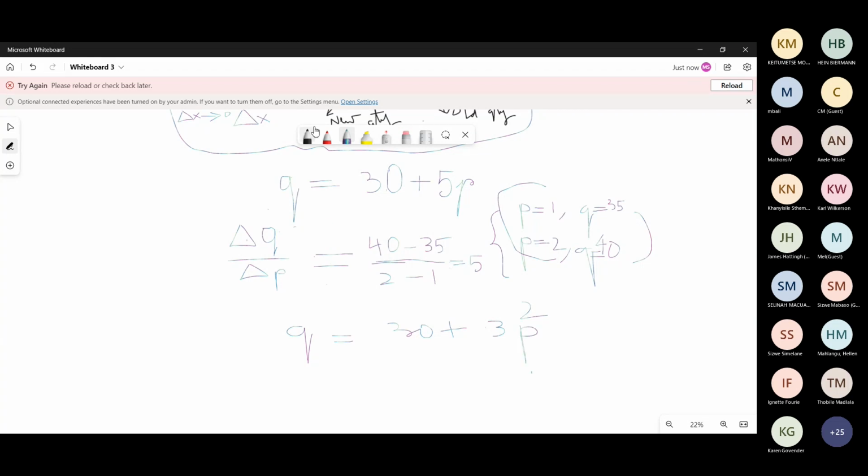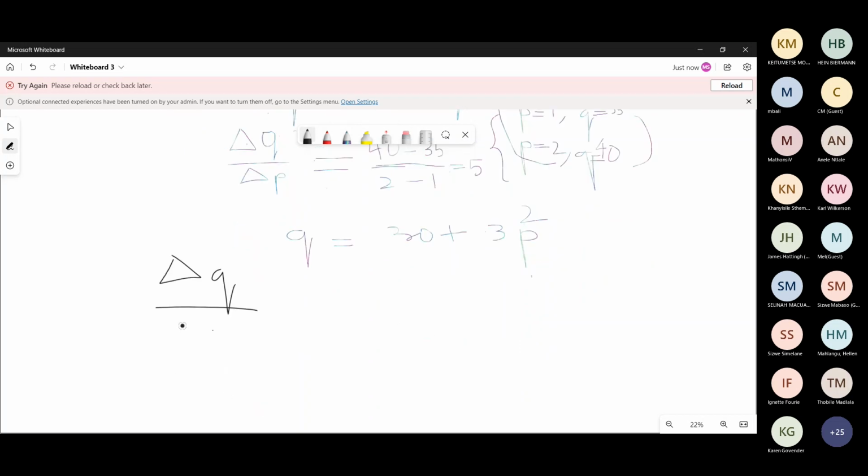If I take delta Q over delta P, what will that be?